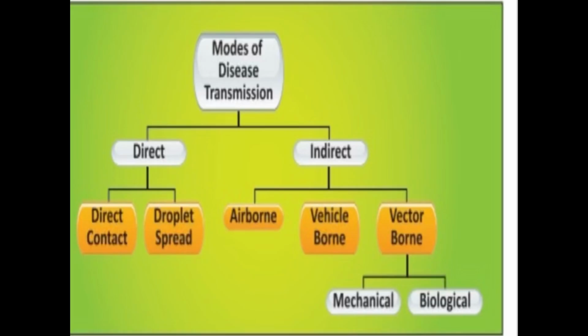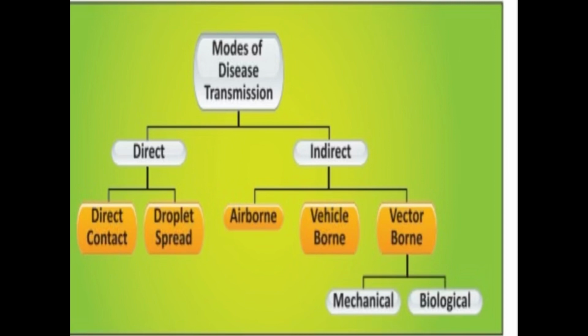Now, there are two contacts, like I told you in the beginning, direct and indirect. The direct includes contact and droplet spread, and the indirect includes airborne, vehicle borne, and vector borne. These are also subdivided into mechanical and biological.